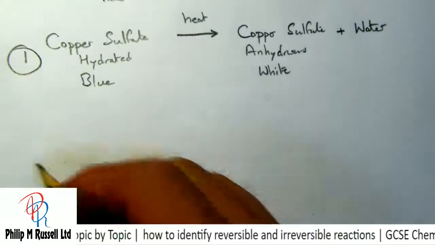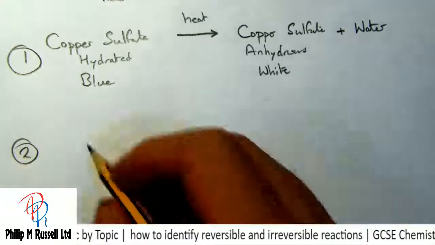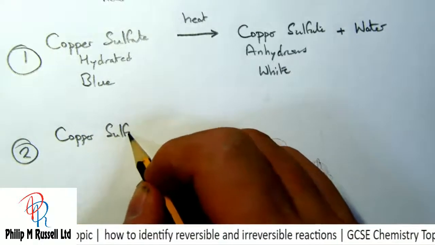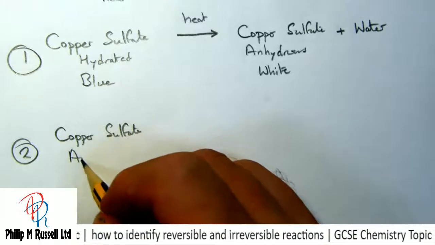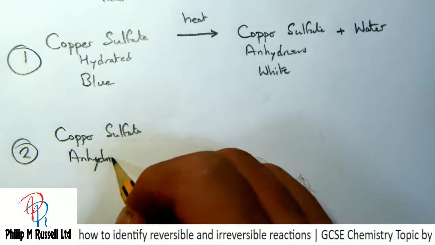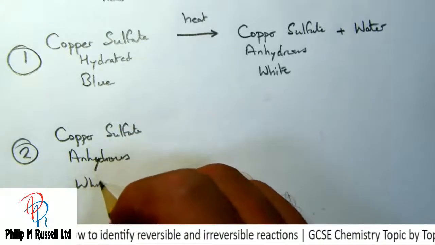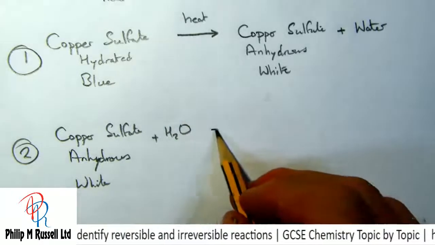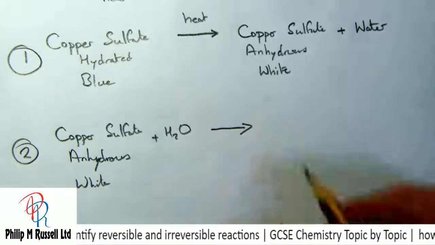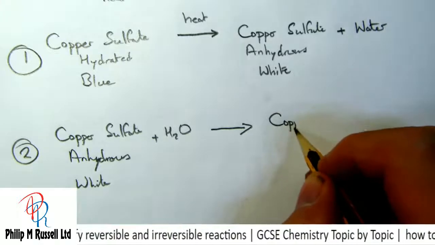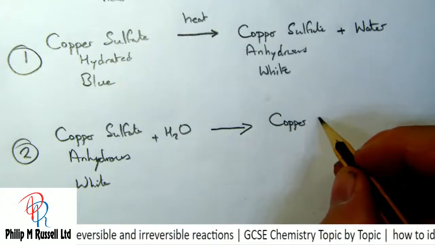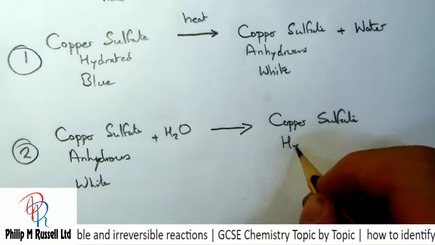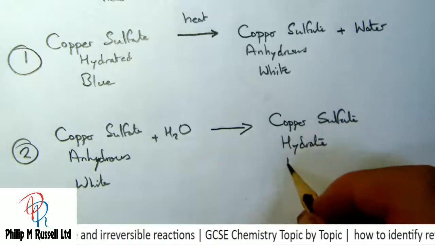And then we're going to do experiment number 2, where I'm going to take copper sulfate, which is anhydrous, which is white, and I'm going to add water to this, and what I'm going to get is copper sulfate, which is this time hydrated, which is blue.